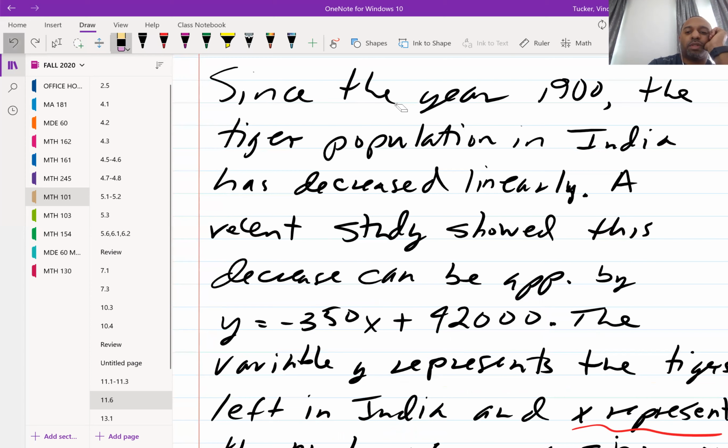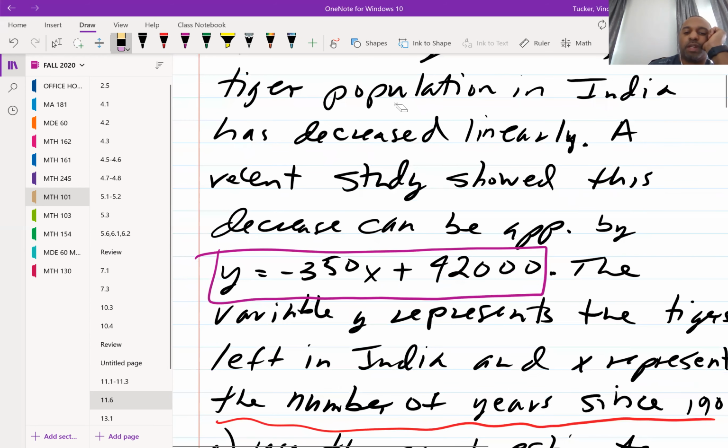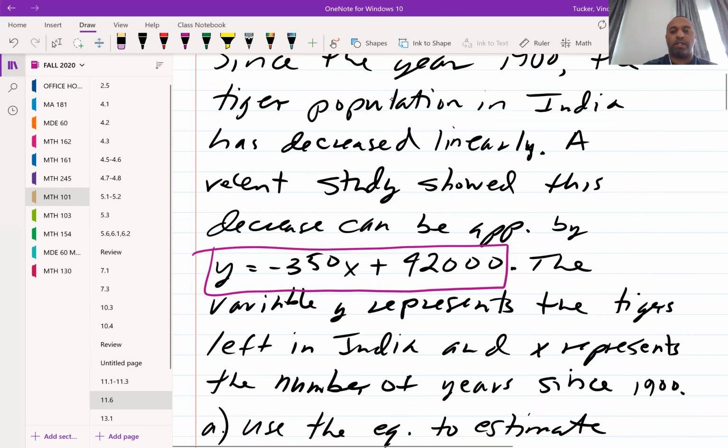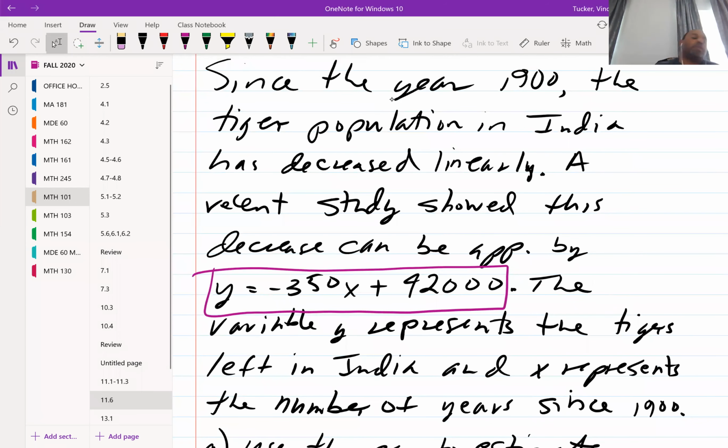So y equal to negative 350x plus 42,000, in which y represents the tigers left in India and x represents the number of years since 1900. So I'll give you guys a chance to write that down for those who are doing so.